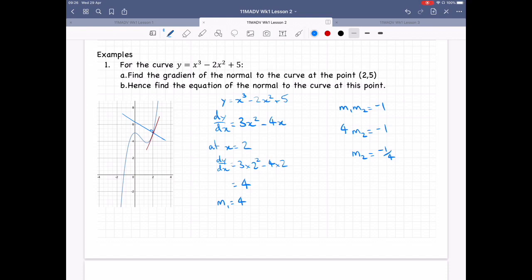So now we know our gradient of the normal, and now we can use that gradient along with our point to find the equation of the normal, just like we found the equation of the tangent in the previous lesson.